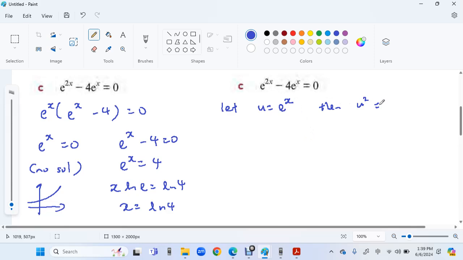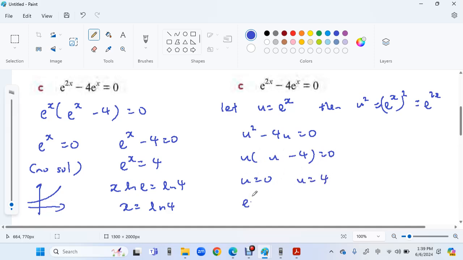Then u squared is e power x squared, that is e power 2x. Then we have u squared minus 4u equal to 0 and factorize. Then we have u times (u minus 4) equal to 0, so u equal to 0, u equal to 4. Then only we substitute e power x as the u. Then this one has no solution.